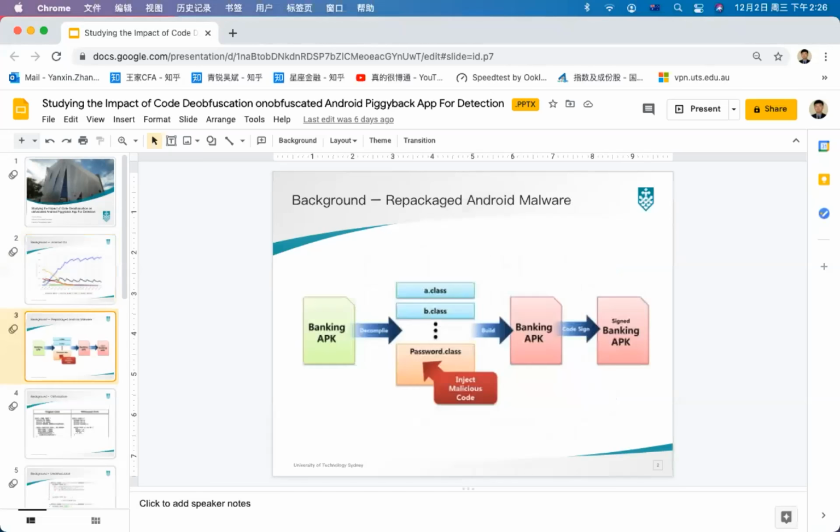This slide shows a very common way that attackers attack Android apps. Usually attackers or hackers will not create a brand new Android malware, for many reasons.